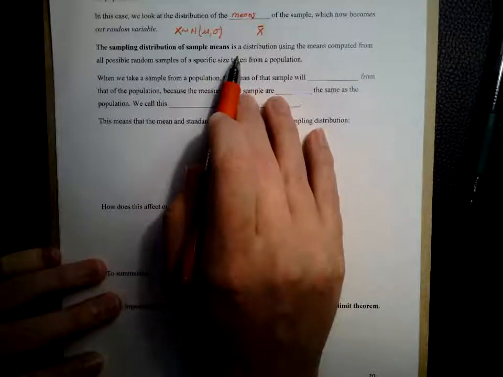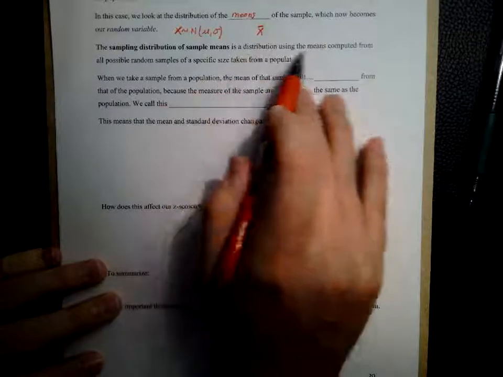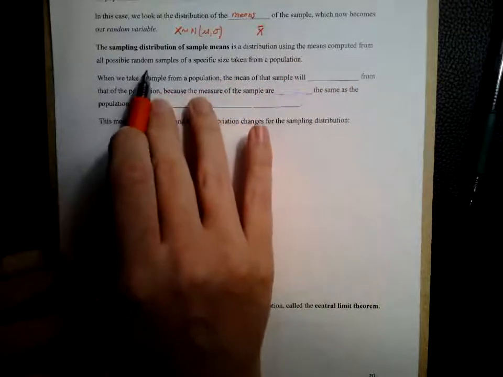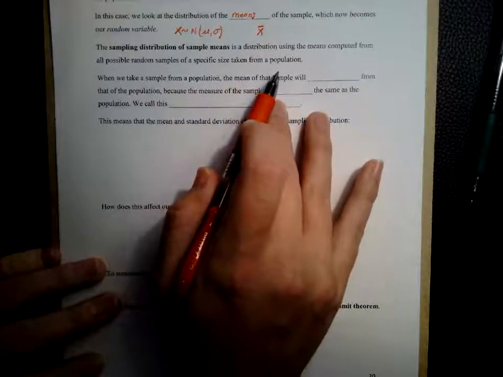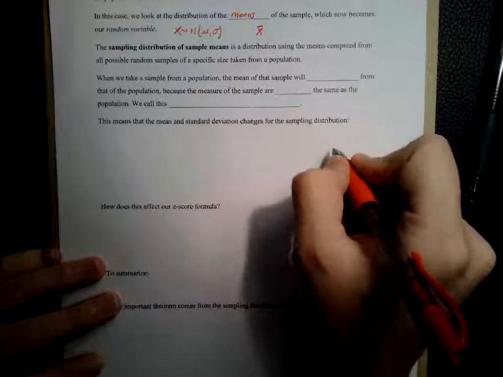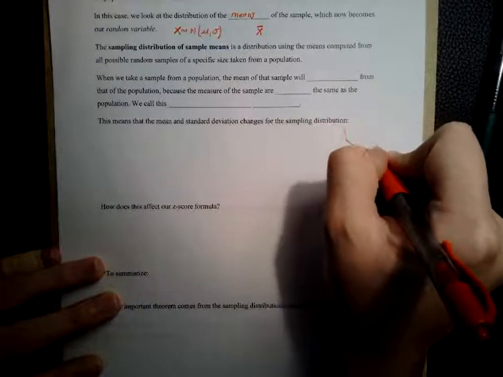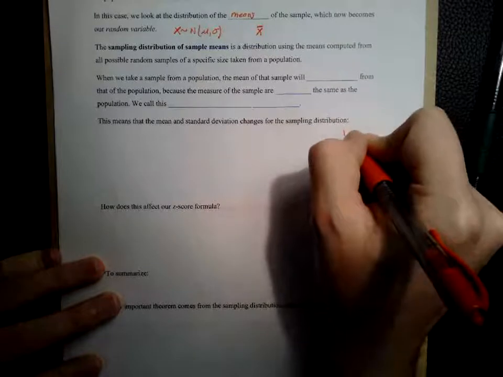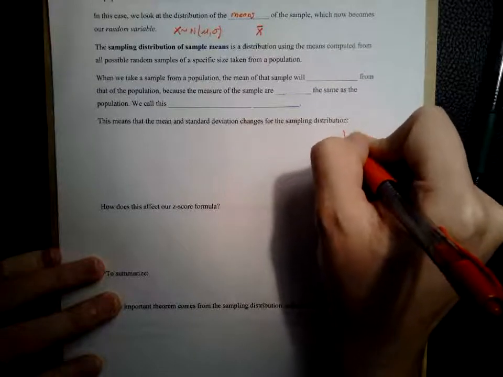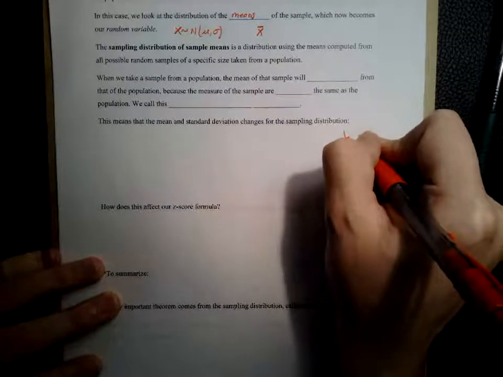The sampling distribution of the sample means is a distribution using the means computed from all possible random samples of a specific size taken from a population. So what it should look like is, say for instance, I have my population, and I'm going to take random samples from this population of some size.